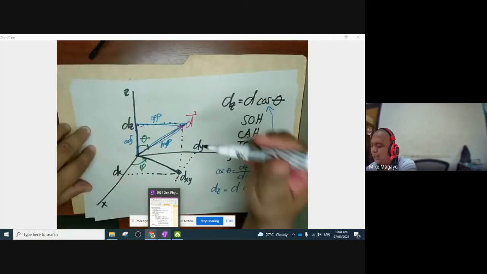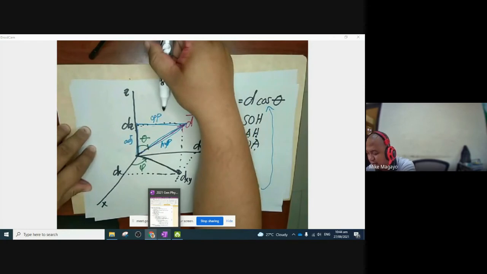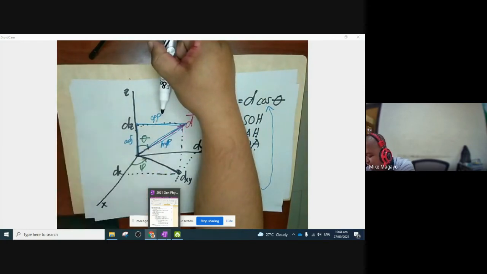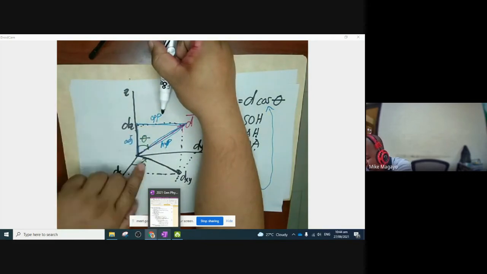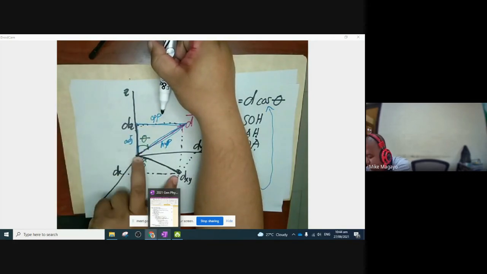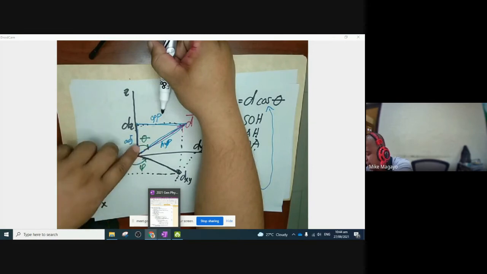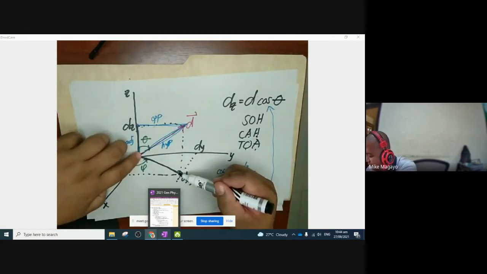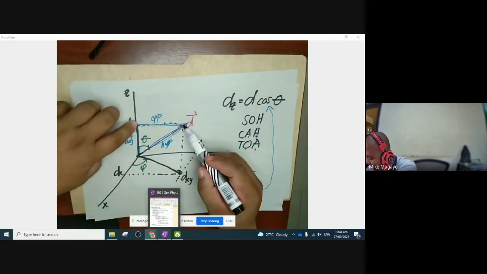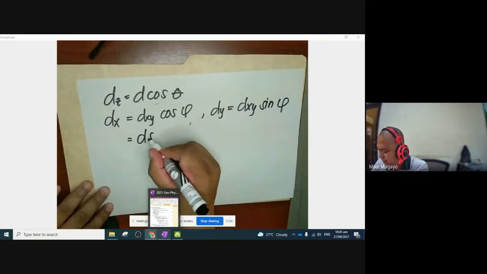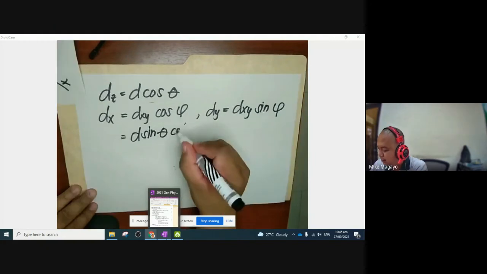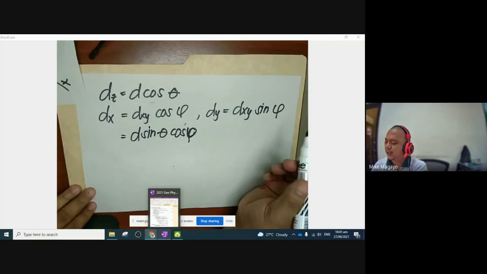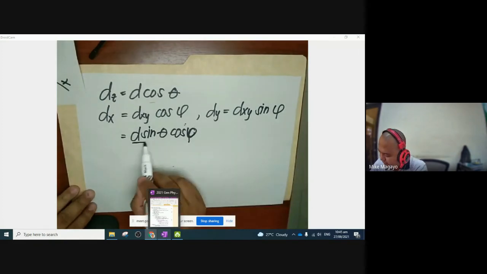Para bang ganito? If you have a flashlight here coming from this direction, and this is a beam of something, it will form a shadow here at this length. In that case, that is basically d sine theta. So dxy is equal to d sine theta. Therefore, d sub x is d sine theta cosine phi.